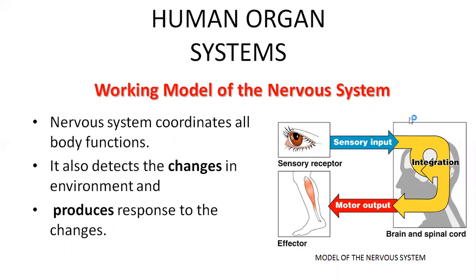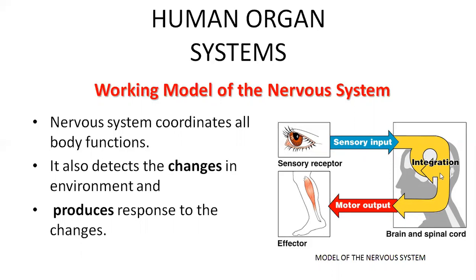This is a diagram which will give you a better understanding about how the nervous system works. For example, just consider an example that eye, which is actually a sense organ, detects some change in our environment. The sensory receptors present in our eye carry that message in the form of sensory input and transfer that message towards the brain.